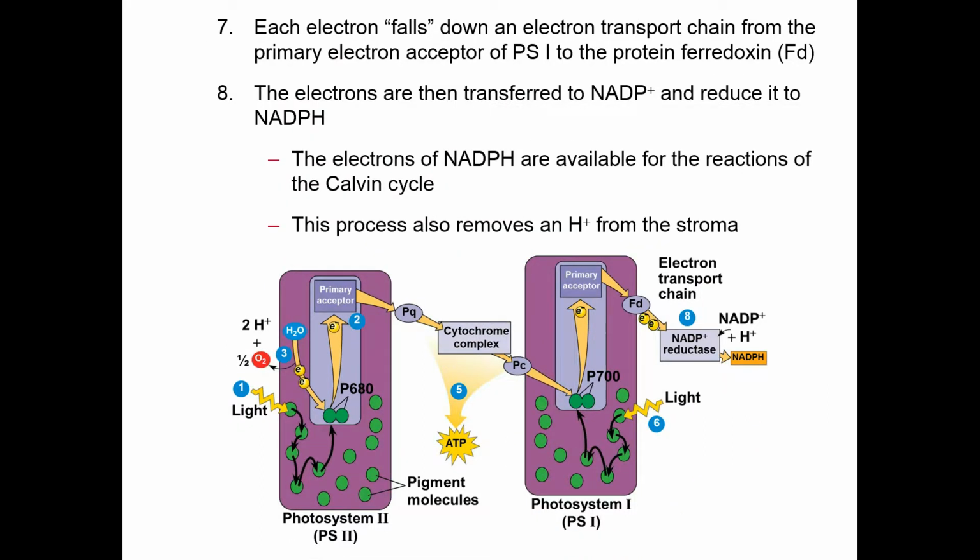So what happens to the energized electrons that are captured by this primary electron acceptor? Well, you have another membrane protein, ferredoxin, that these electrons are transferred to. So again, thylakoid membrane. And those electrons are eventually transferred to an enzyme in the membrane of the thylakoid called NADP plus reductase.